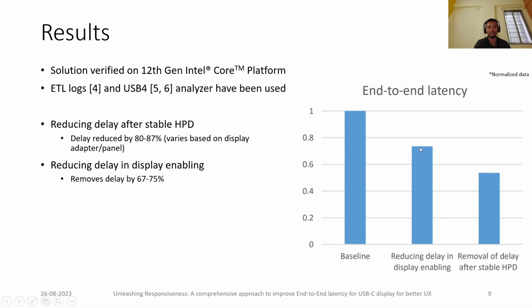It varies based on display adapters and panels. With the enabling sequence optimization, we further improved it and beat the mean opinion score of 2 seconds from end-to-end display. Hence we are providing a better user experience.